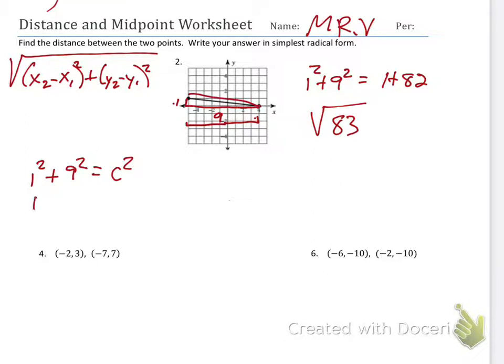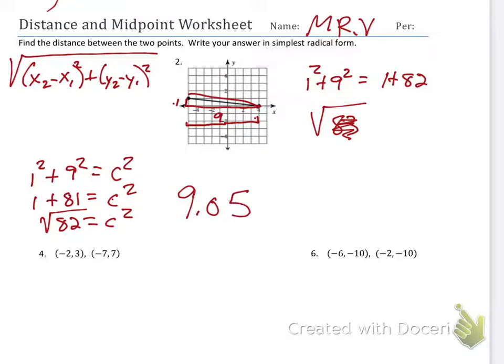So this would be 1 plus 81, sorry, it's not 83. It's equal to c squared. So 82 is equal to c squared. In order to find out what c is, you have to take the square root of it. So the square root of 82 is 9.05.